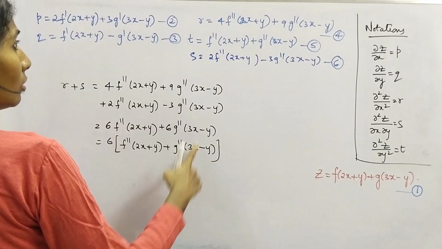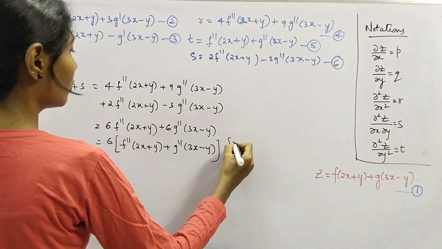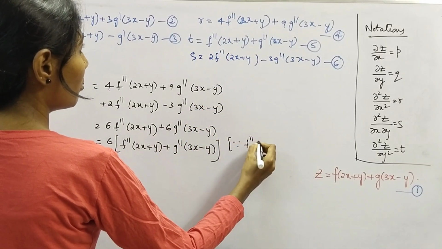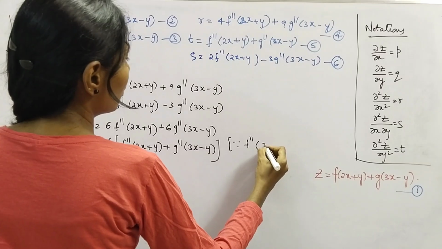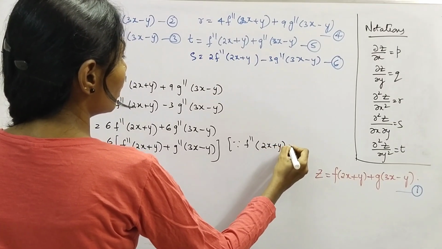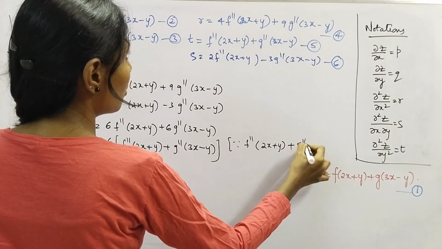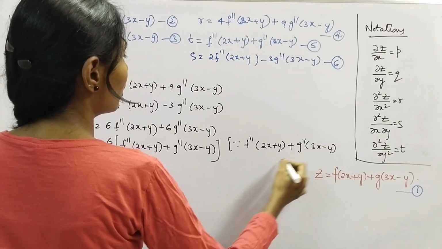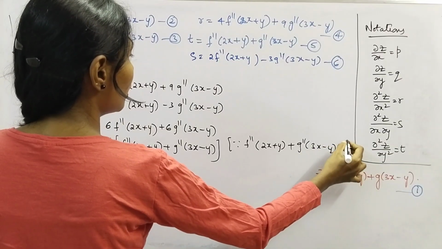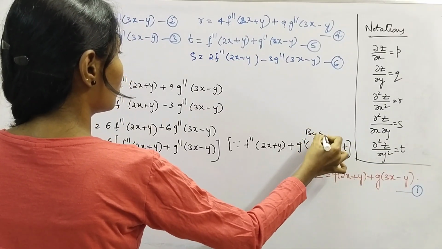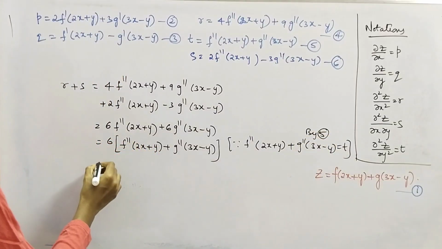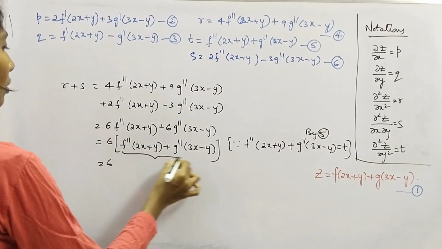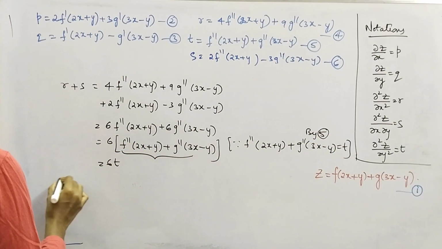We have seen this somewhere, right? It exists in equation 6. f'', okay, equation 5. f'' of 2x plus y plus g'' of 3x minus y equal to t by equation 5. So just replace this by t, you'll get 6t.